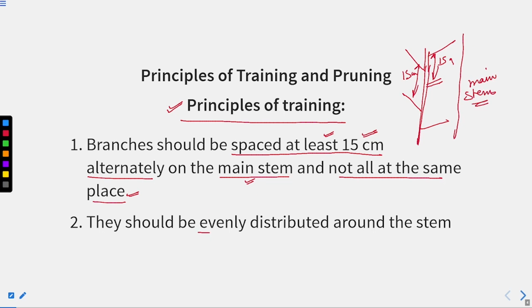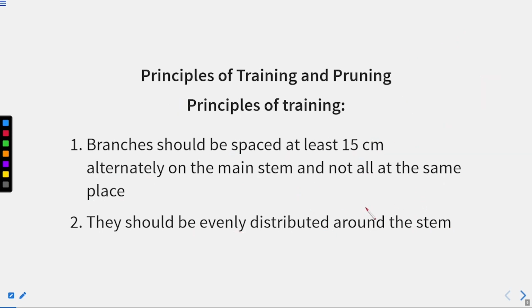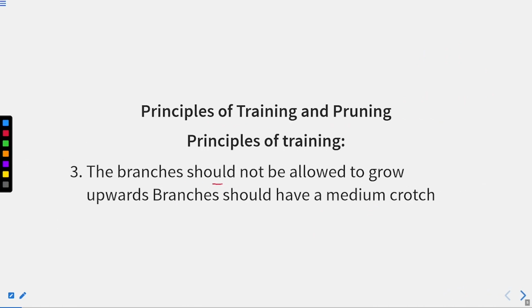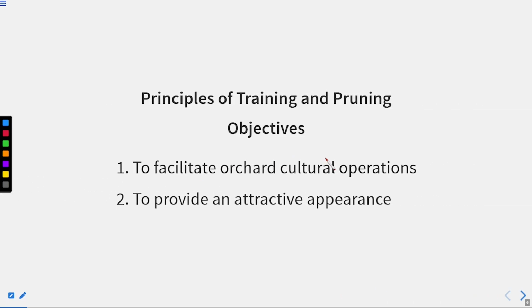They should be evenly distributed around the stem. The branches should not be allowed to grow upwards. Branches should have a medium crotch. So how the branches are allowed to grow can also be maintained in the process of training.